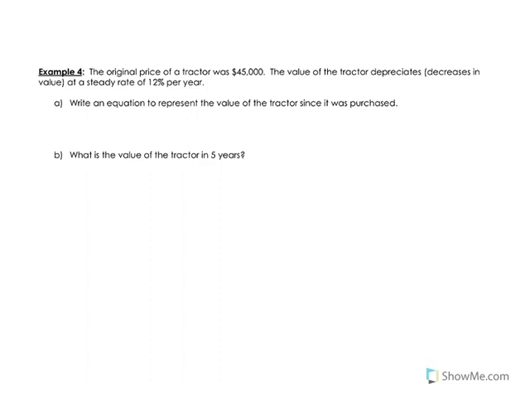So we're going to start writing our equation. We have y equals, as always, 45,000, which is what we talked about as our initial value. And when we use exponential decay, our formula says 1 minus the rate.